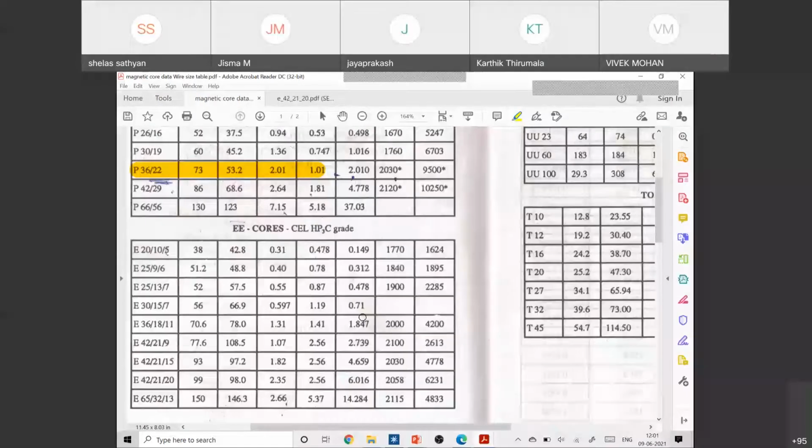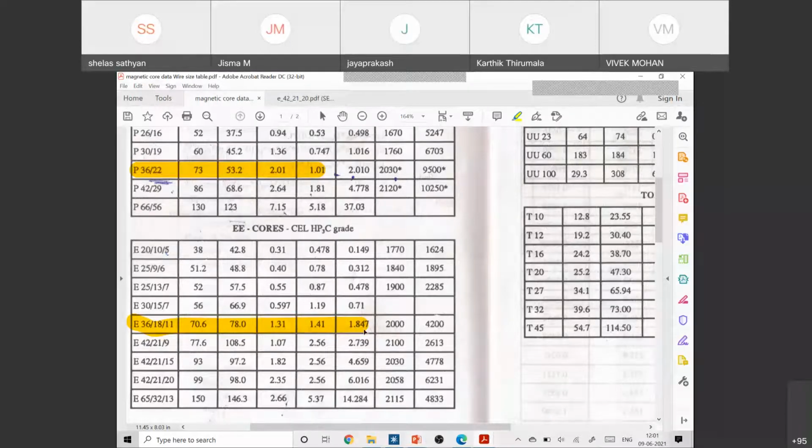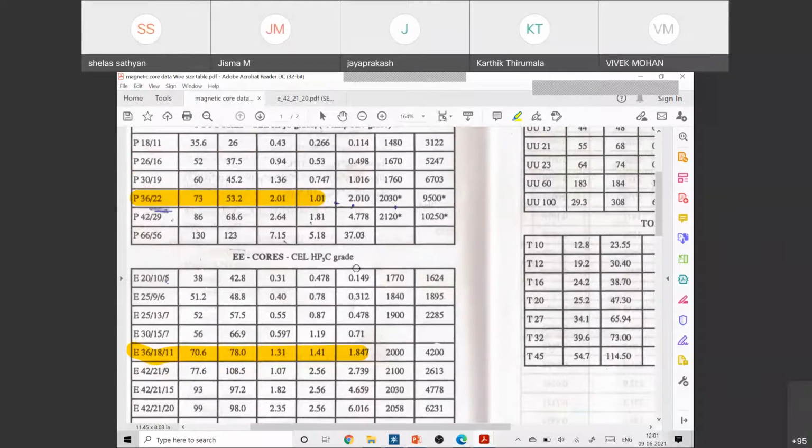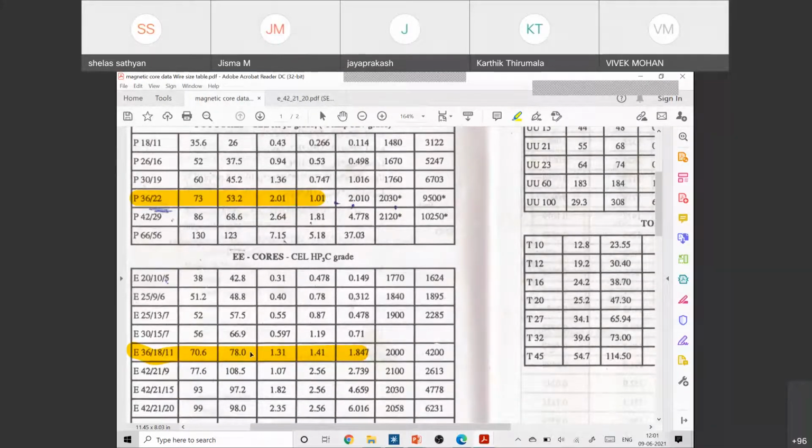There is another core whose area product is around the 18,000 range. So let me choose this core, whose part number is E36/18/11, with an area product of 18,470. That is larger than 12,000 or 13,000, and in between I don't find anything. So let us choose this core.